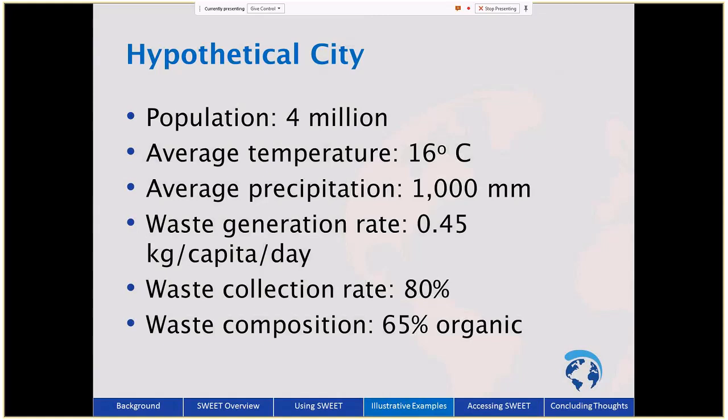So for the purposes of preparing these illustrative examples, we're proposing a hypothetical city with a population of 4 million people, average annual temperature of 16 degrees Celsius, precipitation is 1,000 millimeters. We assume a waste generation rate of approximately 0.5 kilogram per capita per day, waste collection rate of about 80%, and a waste composition that is approximately 65% organic, and that's primarily food waste.